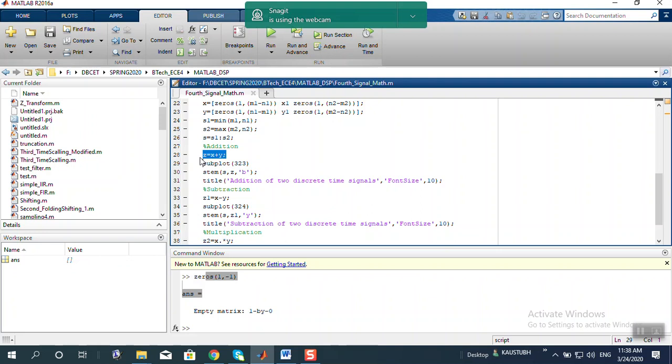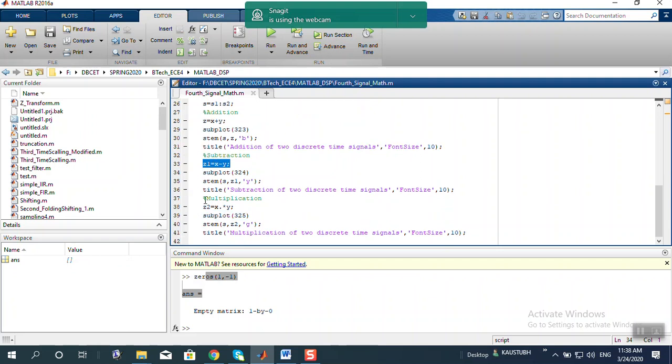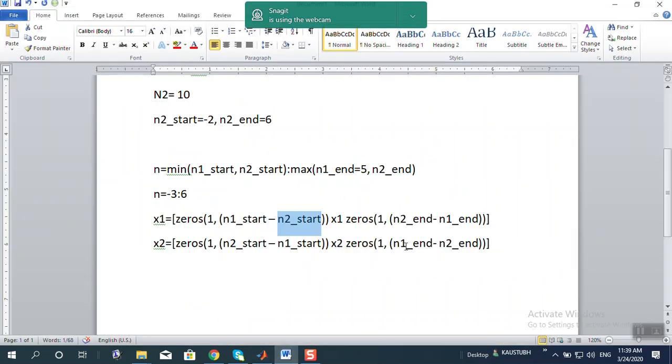In MATLAB it's straightforward, x plus y, similarly x minus y, and similarly multiplication, but since it is element by element multiplication, you have to put dot star. Only star is normal matrix multiplication, so we have to provide the dot. Any dot operation is element by element, and correspondingly we have subplot. So that's all. With this example, let us see here.